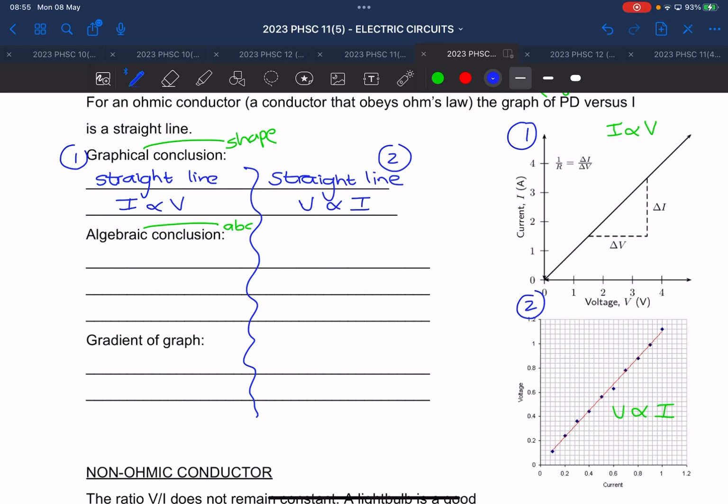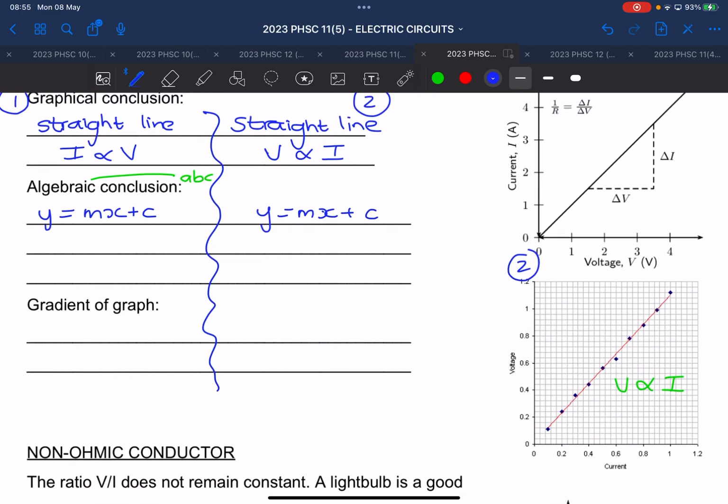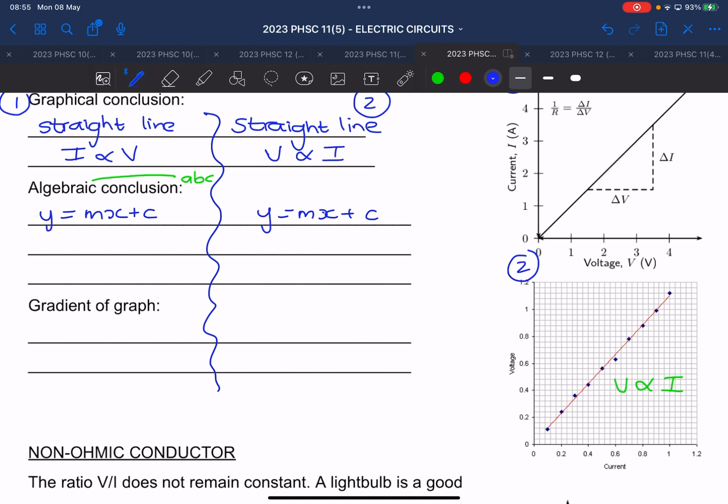Then algebraic is formalized equations. Because it's a straight line, we must use the equation for a straight line. But now we must change this so that it fits our symbols. On our y-axis, for the first one, we have current. Our gradient, we don't know yet. Our x-axis is voltage.